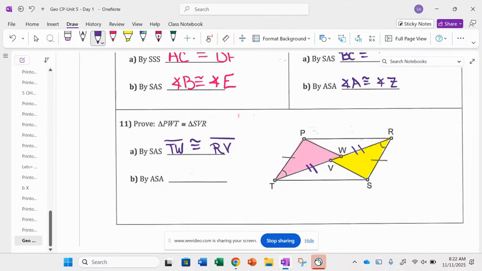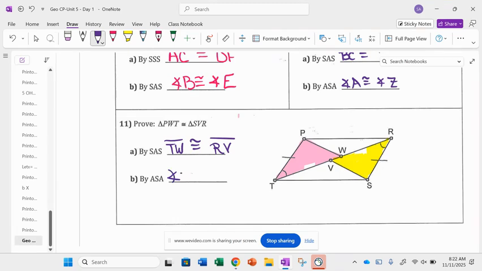Okay, so now if we want to prove these triangles congruent by angle, side, angle, Jay, could you tell me what's going to be the last piece we need here? For B, yeah. Perfect, but I can't call them angle P and angle S because there's more than one angle P and more than one angle S. So what we can do is we're going to name them with 3 letters.